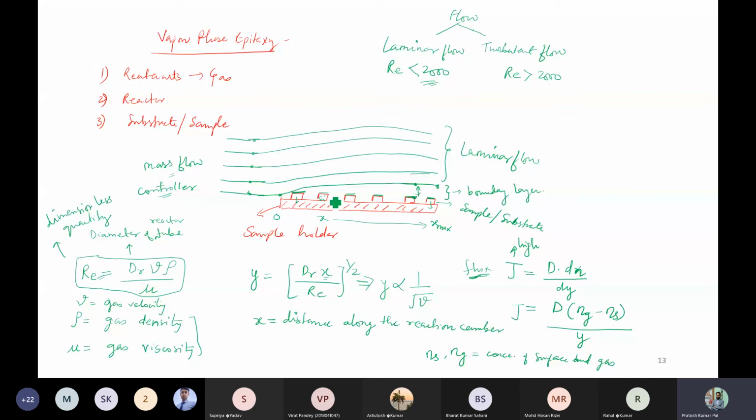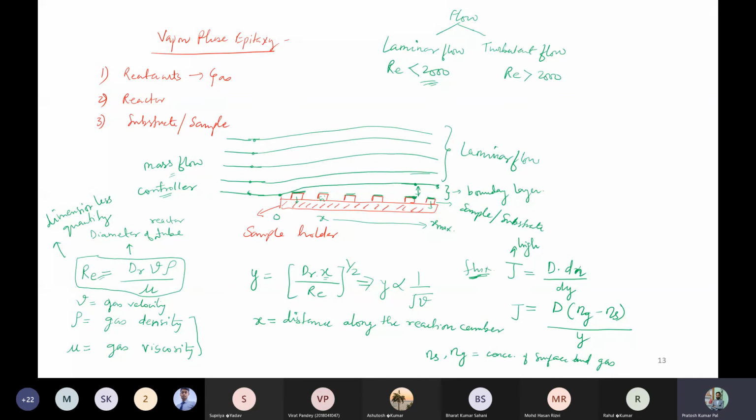What type of gas is required is different for different types of substrate. If the substrate is of another type, the mass flow controller will allow only the gases suitable for that particular substrate. So this is the general basic setup.